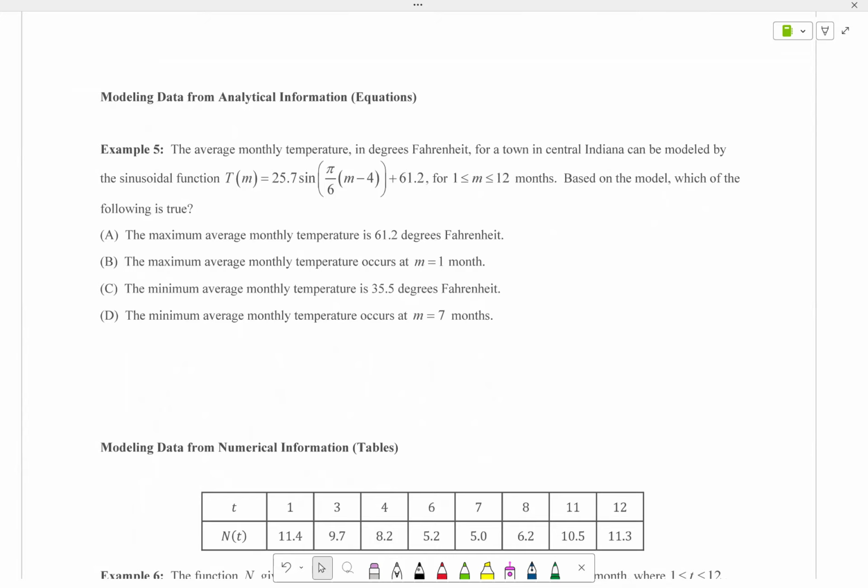This is not a calculator problem, by the way, and it should be pretty quick.